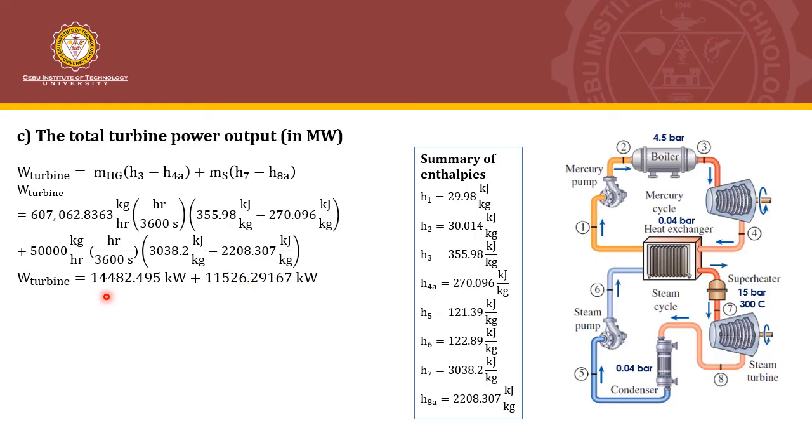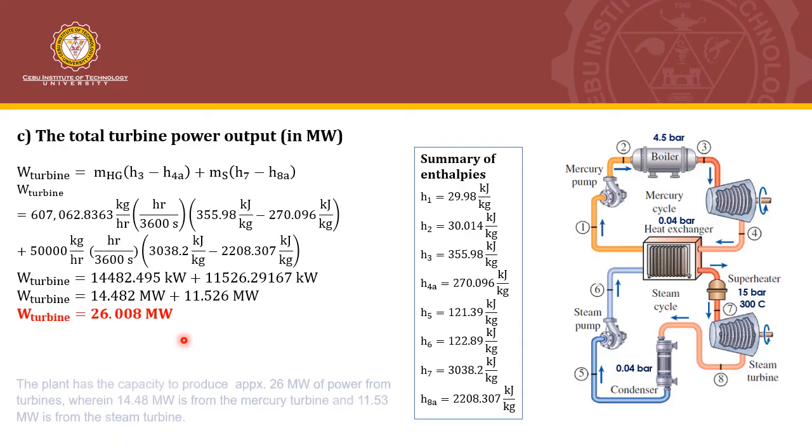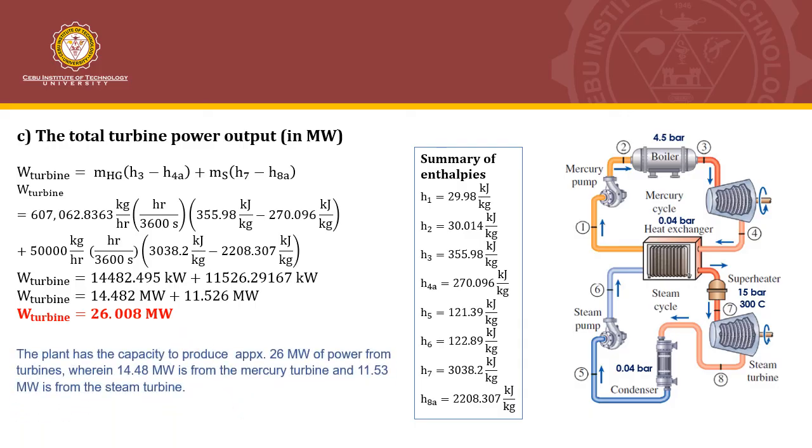You can see here that the mercury cycle produces more as compared to the steam cycle. That is the reason why we use the mercury cycle as the topping cycle, to take advantage of its properties and get a greater amount of power output. So combining the two, we get the total turbine power output, which is 26.008 megawatts.